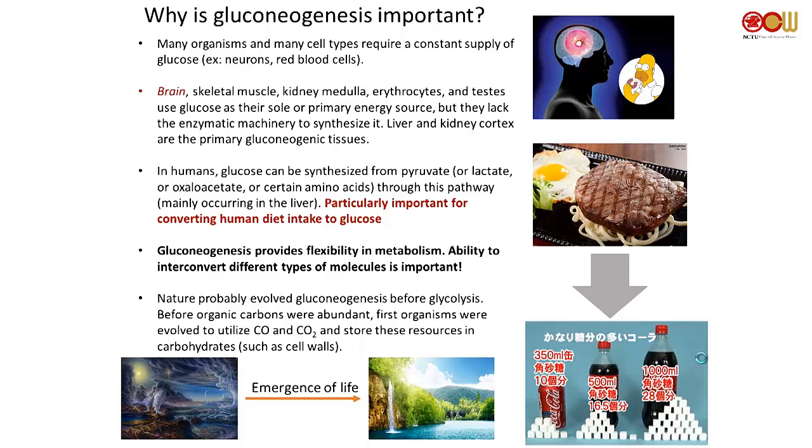And we talked about the emergence of life, where RNA was kind of the first molecule, okay? So it's not going to be carbohydrates. Now, the initial organisms probably evolved to utilize methane, CO2, and carbon monoxide. Now, these things are not glucose, right? So then through evolution, gradually organisms evolved to convert these things into carbohydrates, okay?